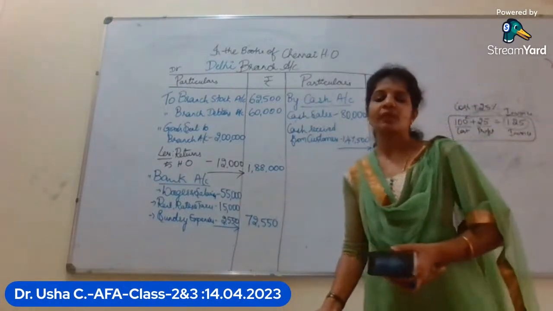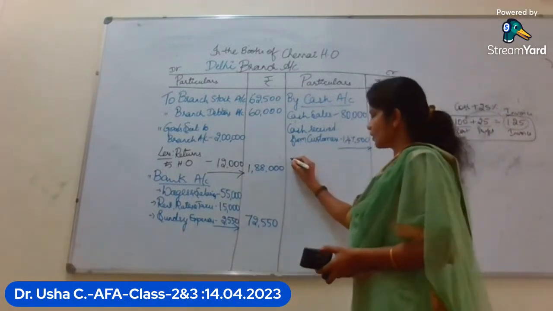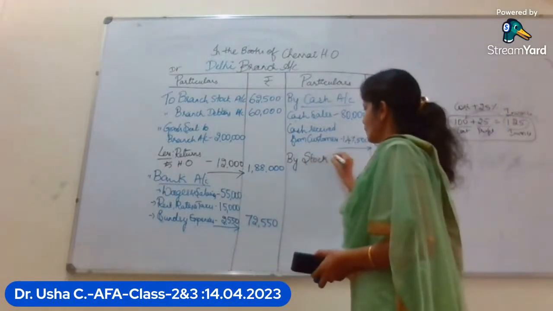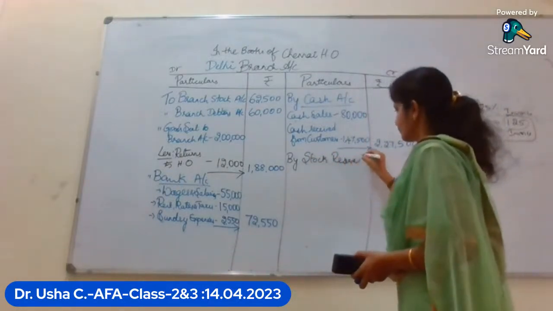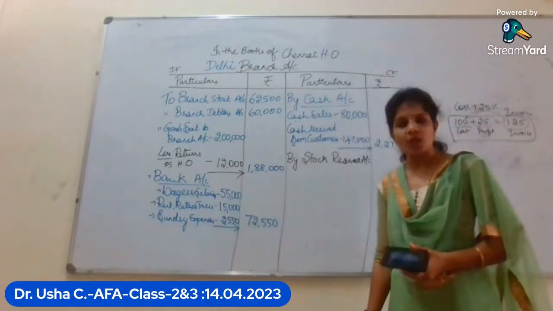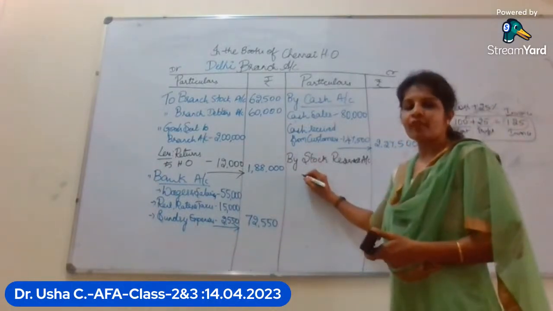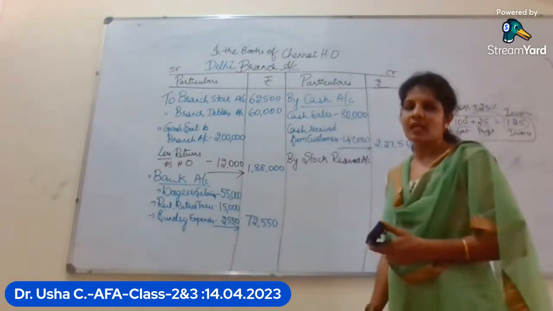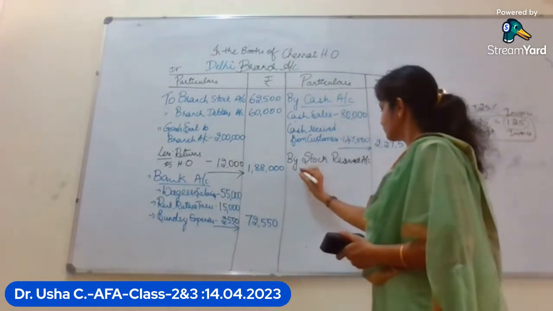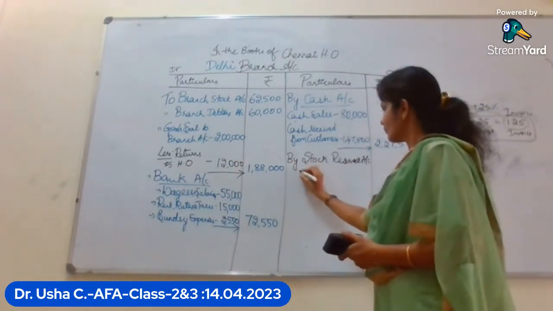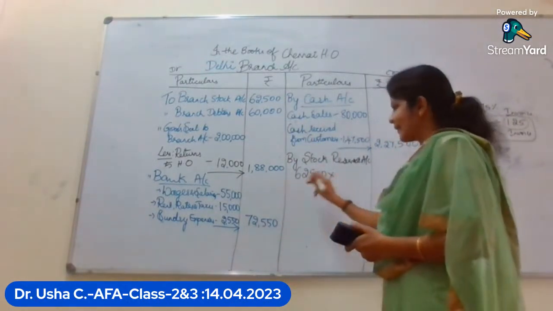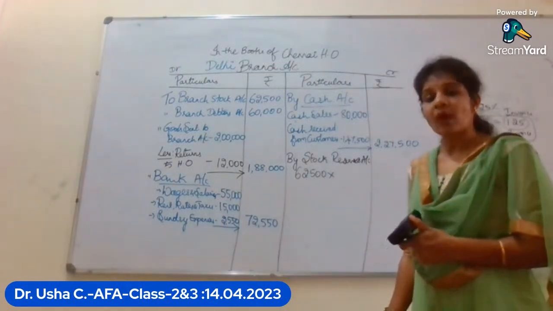So what entry do we have to pass for the branch stock account? For branch stock account, we have to record it as by stock reserve account. The adjustment for this is whatever the amount of branch stock, and this branch stock is at what percentage?